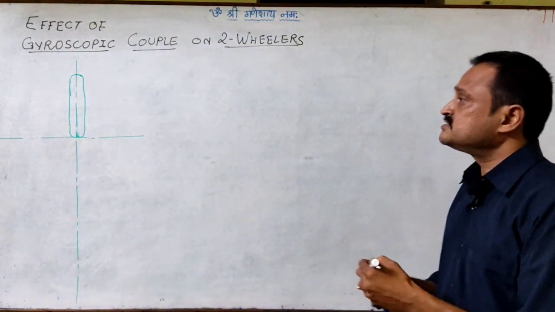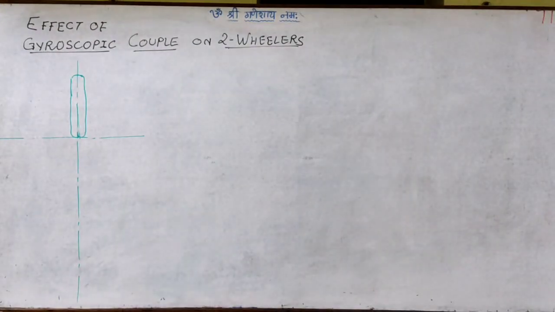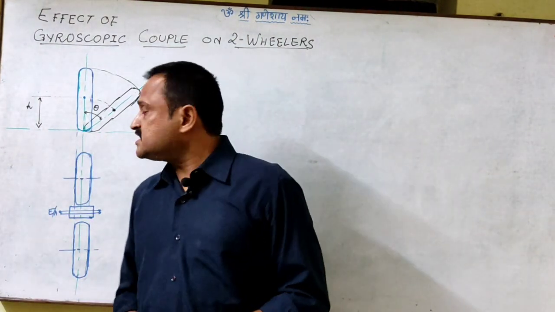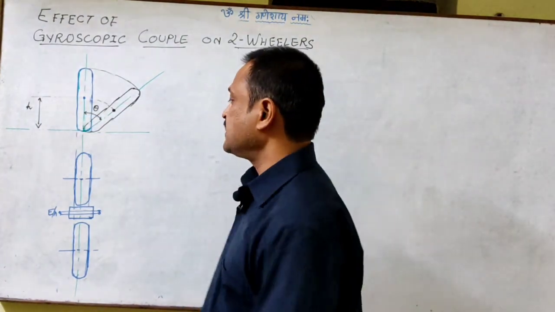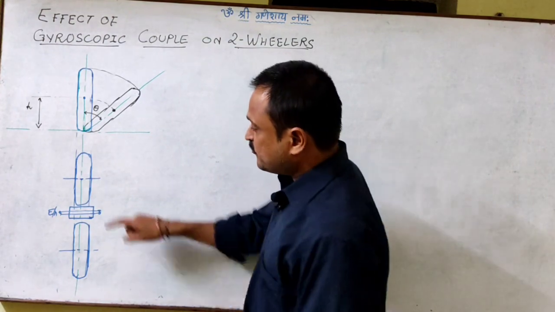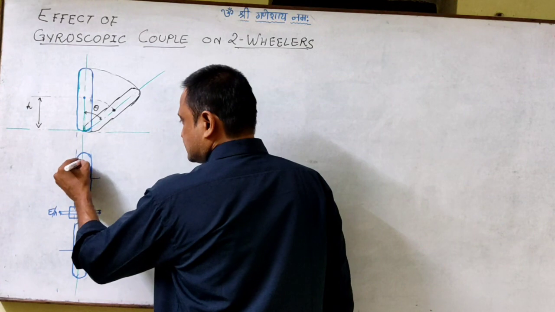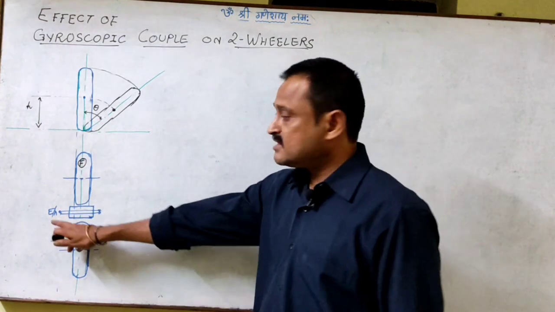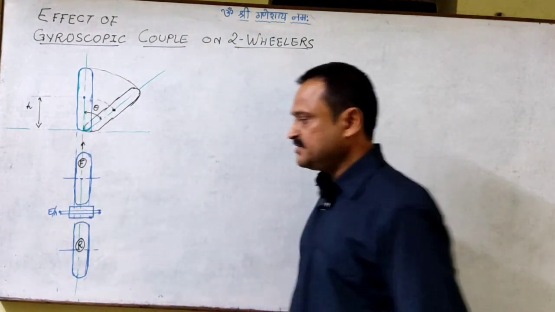And likewise I can finish this diagram. So let's say this is the condition. As I am showing here, this is the front view you are seeing and this is the top view. In the top view I can see the two wheels, the front wheel and the rear wheel, and this is the engine, and the two-wheeler is moving in the forward direction, right?